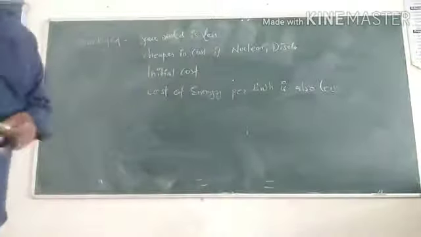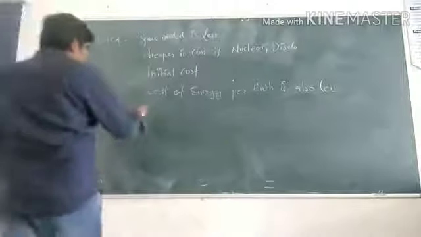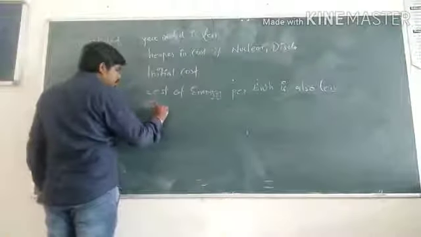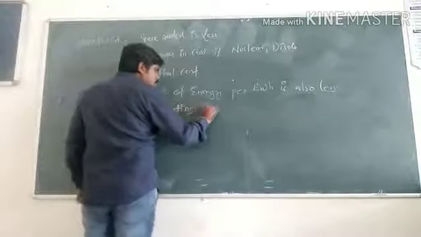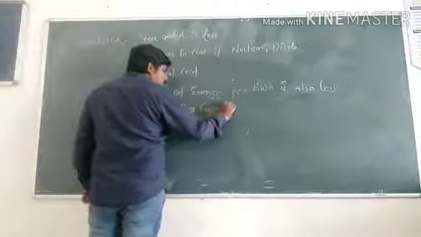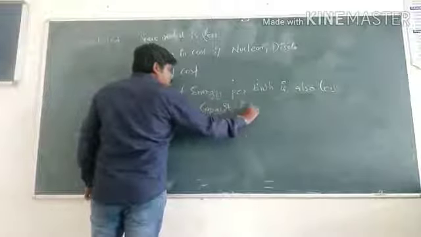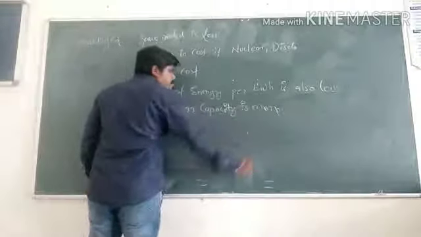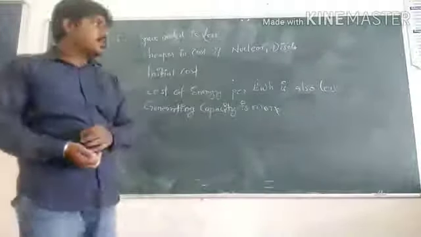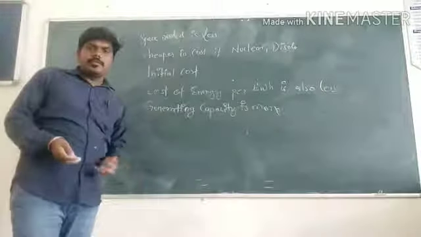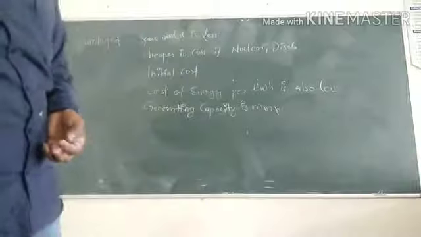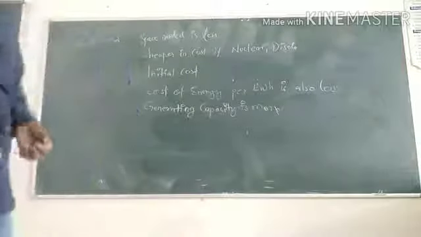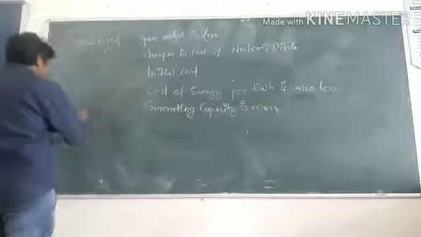Then generating capacity is more. If I'm using a large amount of coal here, then I can generate a large amount of power. But due to some disadvantages, it cannot be used, so I'll explain the disadvantages.